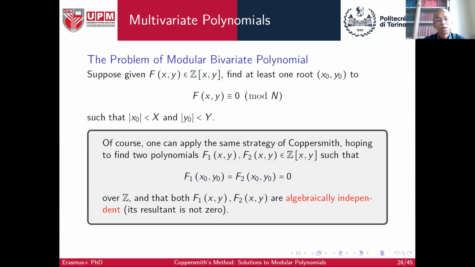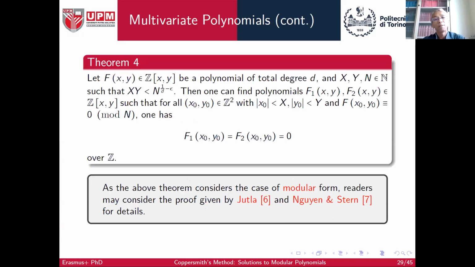Okay, applying the Coppersmith method, then we have this theorem. Basically it also captures Coppersmith's approach. Let f(x,y) be a polynomial of total degree d, and X, Y, N be natural numbers such that the product XY is less than N to the power 1 over d minus epsilon.